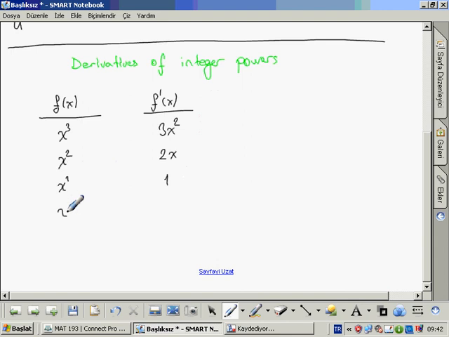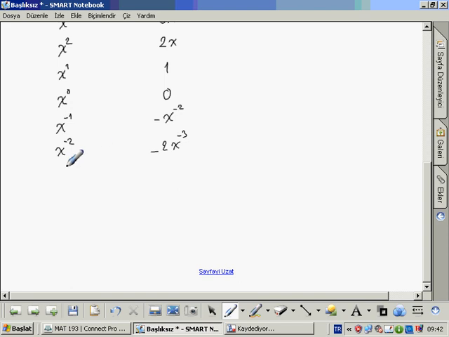We know that x to the power of 0 equals 0. And x to the power of minus 1 is equal to minus x to the power of minus 2. And x to the power of minus 2 is equal to minus 2 times x to the power of minus 3, and these go on like that.